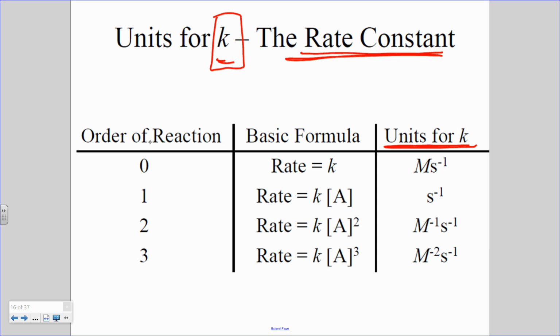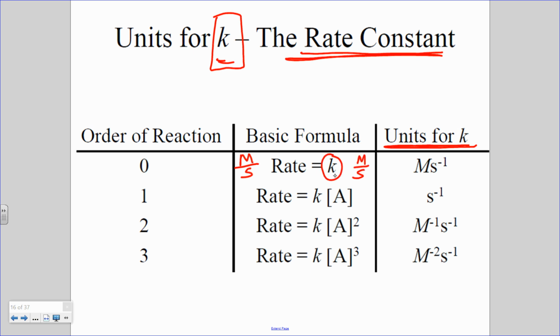So if you have a zero order reaction, your rate equals K. For all of these, the rate equals something. The unit of the rate is always molarity per some unit of time, and we're going to go with seconds. If this side has to equal molarity per second, this side has to equal molarity per second.